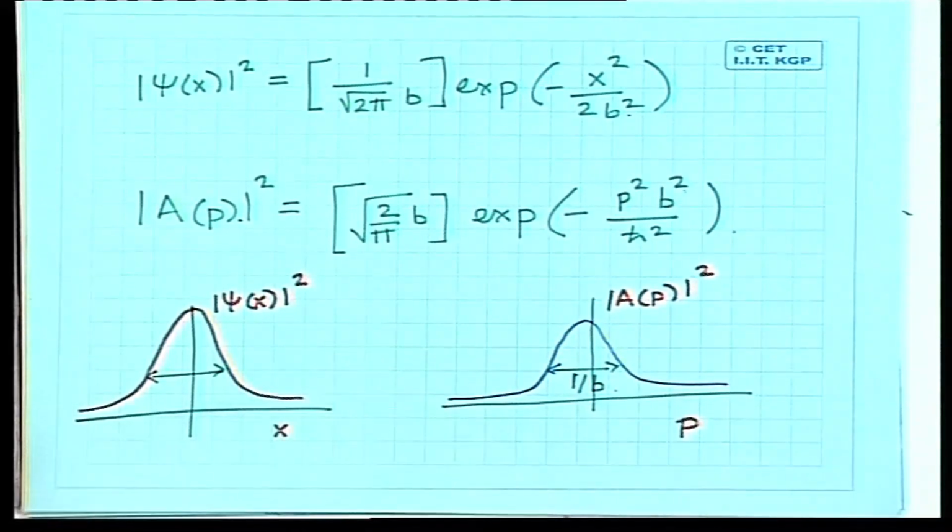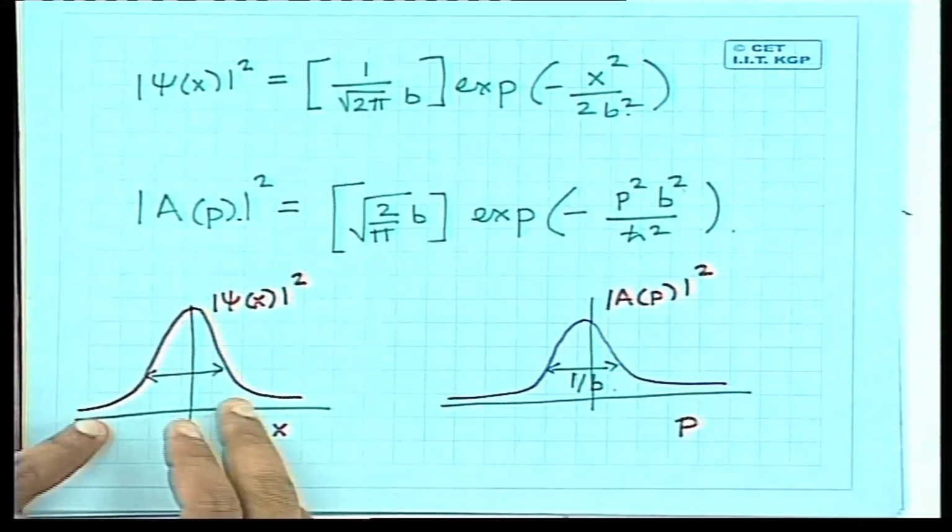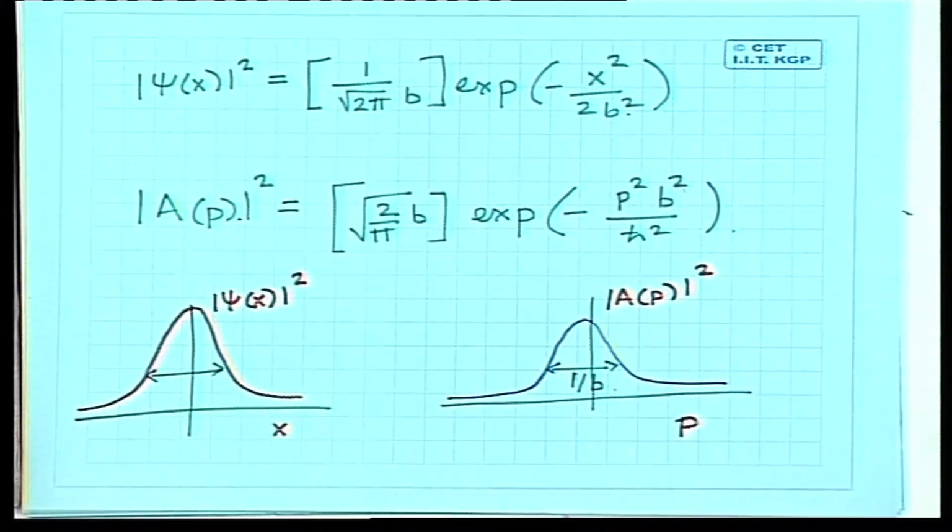So we can make wave functions where the position of the particle is known with greater and greater accuracy, but at the cost of the information about the momentum, or if you want, you can increase the value of b, which will give us a wave function where the momentum of the particle is quite well defined, precisely known, but there is little positional information. So there is a relation between the amount of information you can have about the position and momentum.